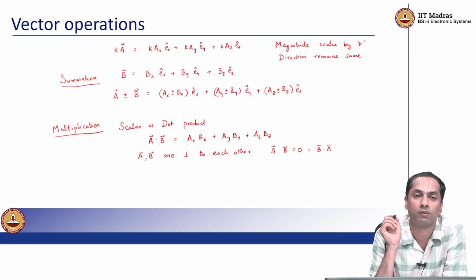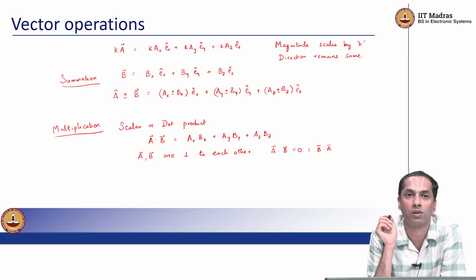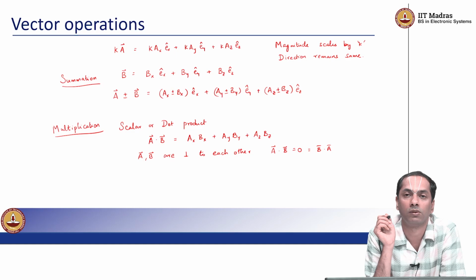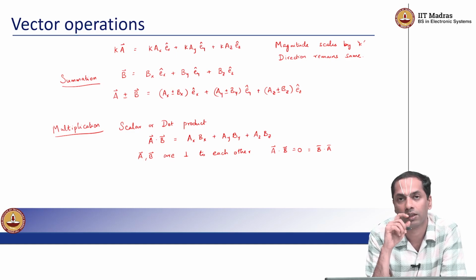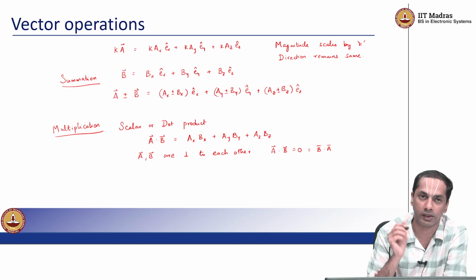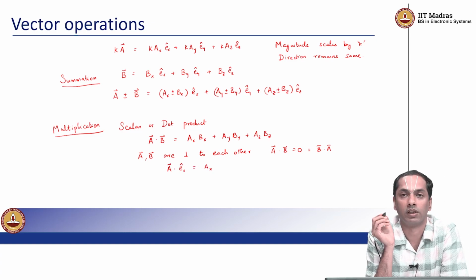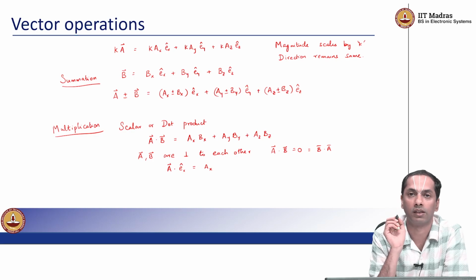And one way of extracting the individual components of a particular vector is essentially to exploit this property, right? So remember that the unit vectors in each coordinate system have a unit magnitude and are mutually perpendicular to each other, right? So you can say that if I take the dot product of the vector with each of the unit vectors, I essentially get the component, right, along that particular unit vector.